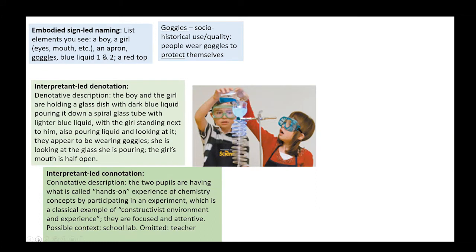So we would think about socio-historical uses and qualities of goggles: why people wear goggles, what goggles are for, how they're used. Usually to protect, and that's where we can devise particular nouns for reflection, such as protection, safety, and ask the questions who, how, why, what in relation to these insights.